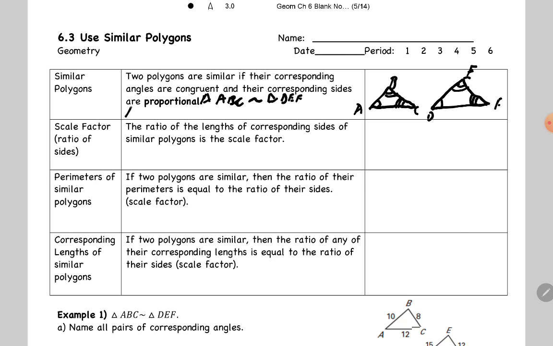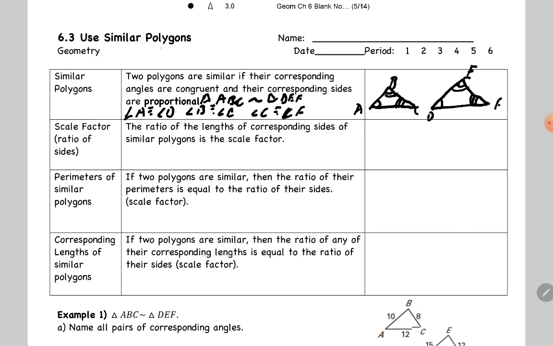So angle A would need to be congruent to angle D. Angle B would need to be congruent to angle E. And angle C would need to be congruent to angle F. And then the sides need to be proportional.